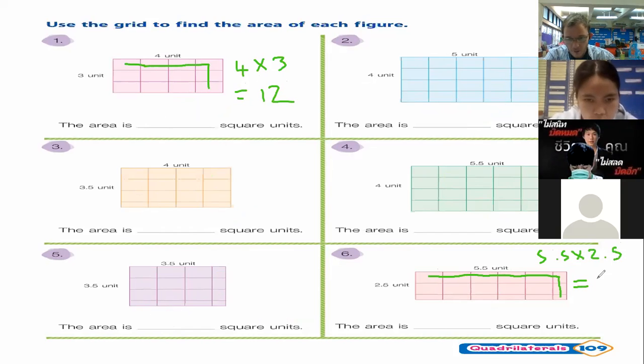And that will give us 13.75 that we are after. Okay, but we'll look into that in the next lesson a little bit more, because these grids, I will never ask you a grid like this in the test. No, I want you to do the calculation by using either multiplication, adding, subtracting, or division.